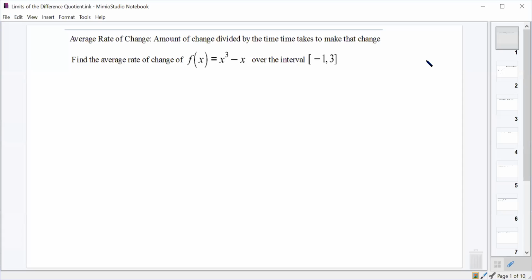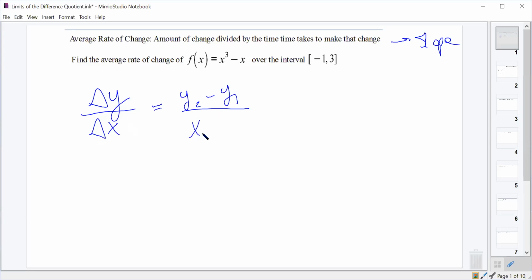Slope, or sometimes called the average rate of change, is just how much change we have in our function by how much time it takes to make that change. It's a change in the y divided by a change in the x, delta y over delta x, or y2 minus y1 over x2 minus x1. That's slope. You're all familiar with slope, right?